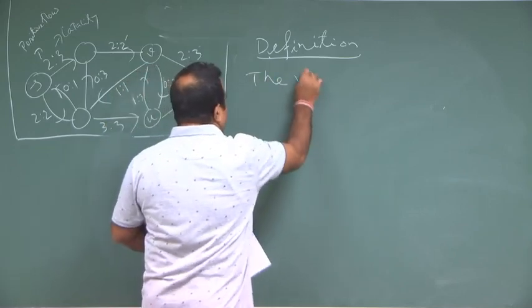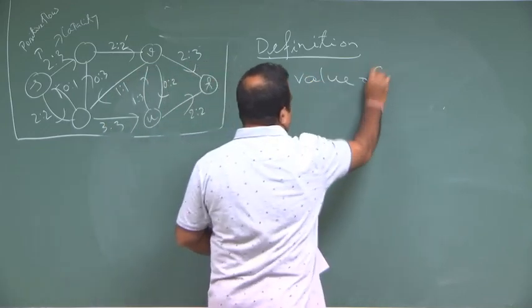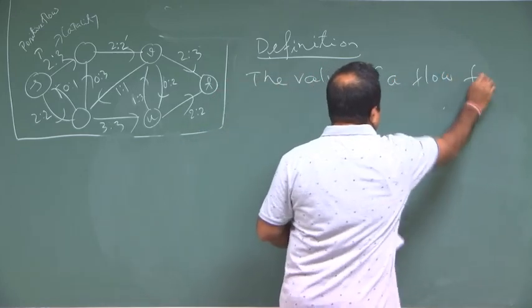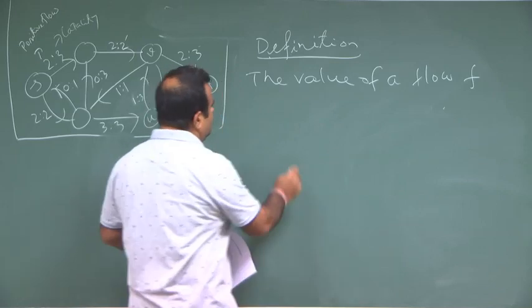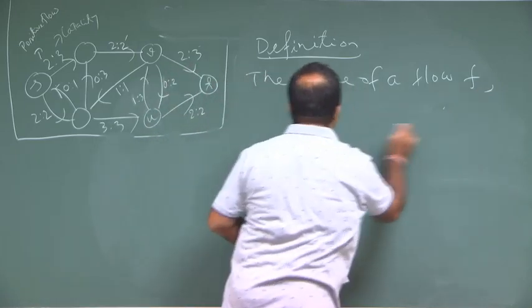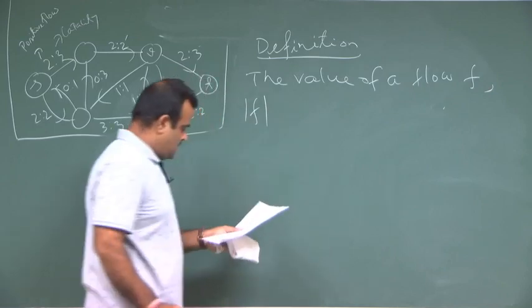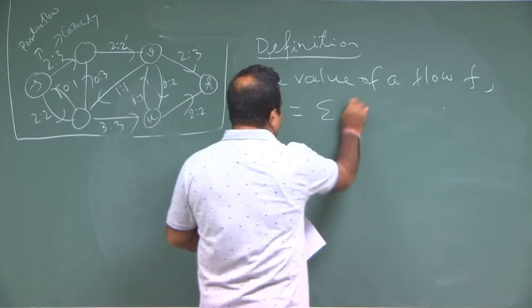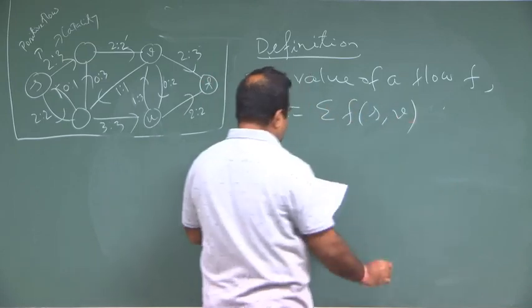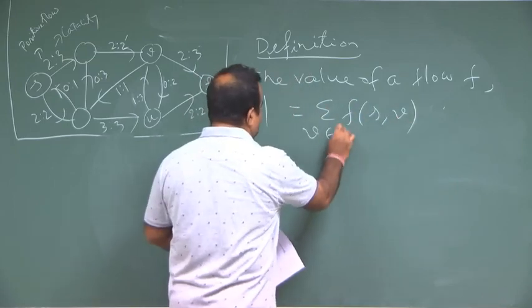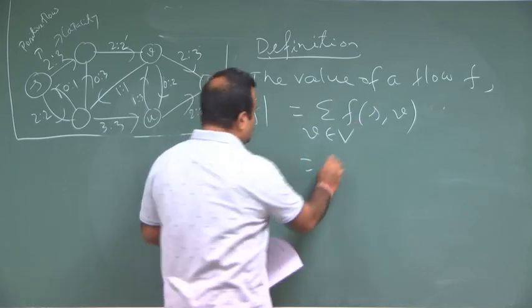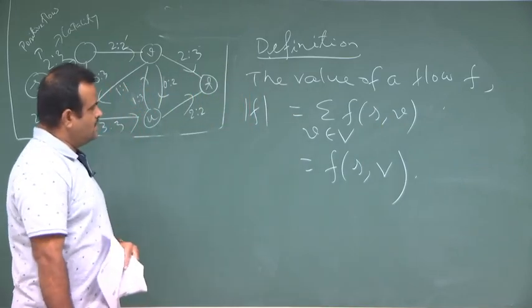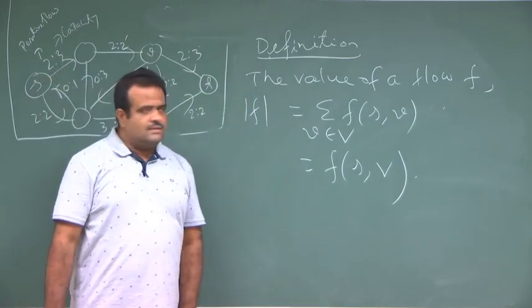The value of a flow f is denoted by |f|, and it is given by the summation of f of s comma v, where v is in V. This is the net flow.